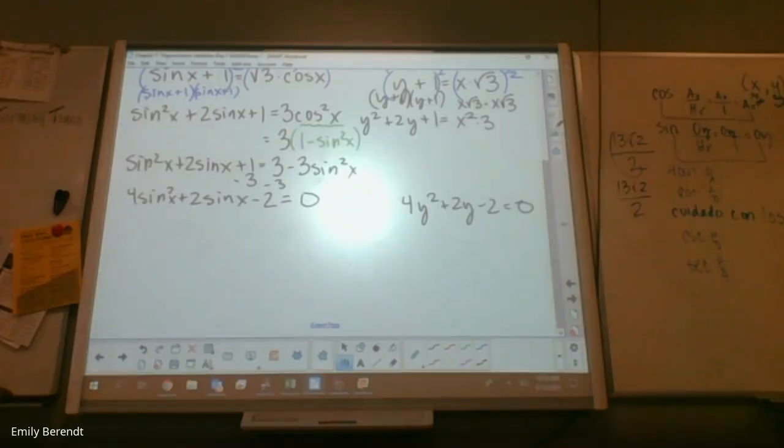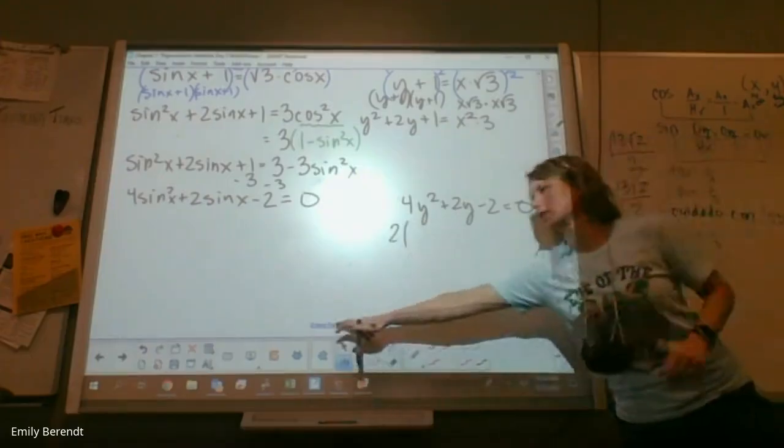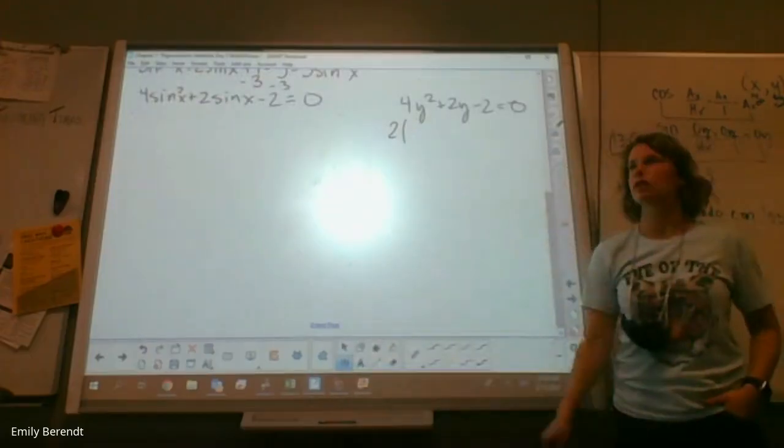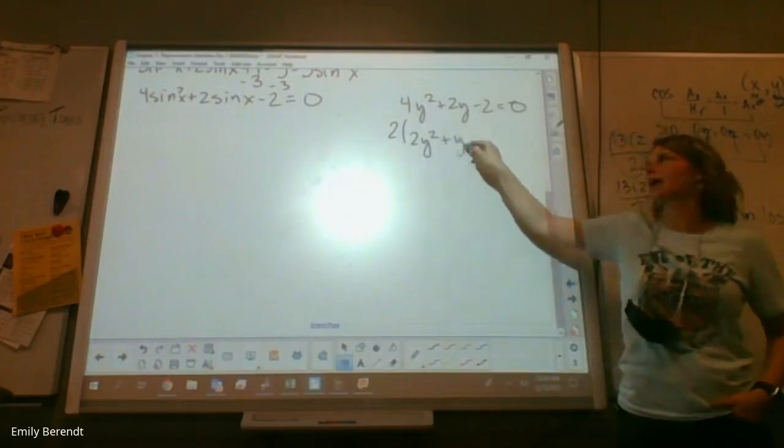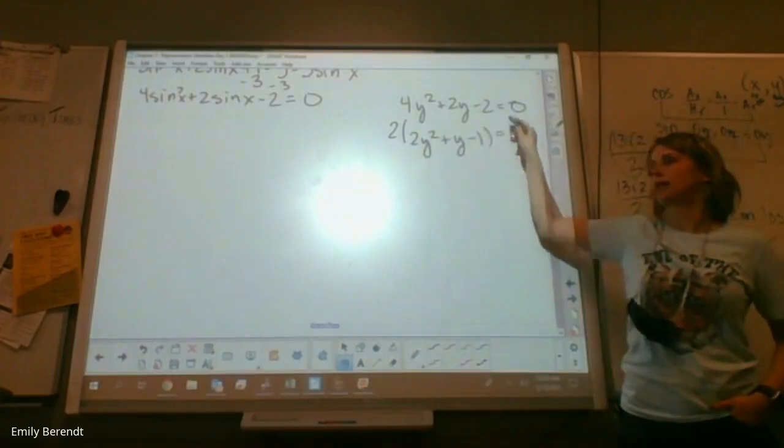Got a trinomial. Has a GCF of 2. When you take a 2 out of a 4, you're left with 2y squared plus y minus 1 equals 0.